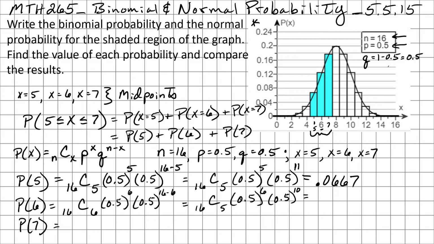And then I'm going to do the same thing for P of 7. Oops, that should be 7 right there, sorry. And we're going to go ahead and calculate that.